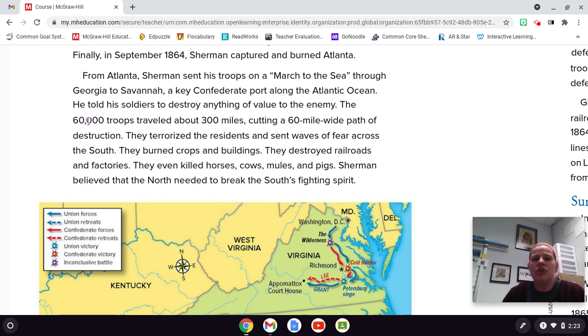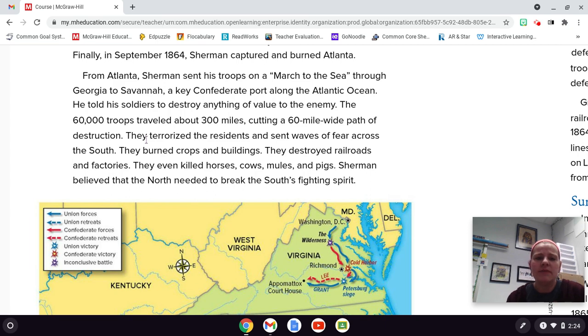From Atlanta, Sherman sent his troops on a march to the sea, through Georgia to Savannah, a key Confederate port along the Atlantic Ocean. He and his soldiers were sent to destroy anything of value to the enemy. The 60,000 troops traveled about 300 miles, cutting a 60-mile wide path of destruction.